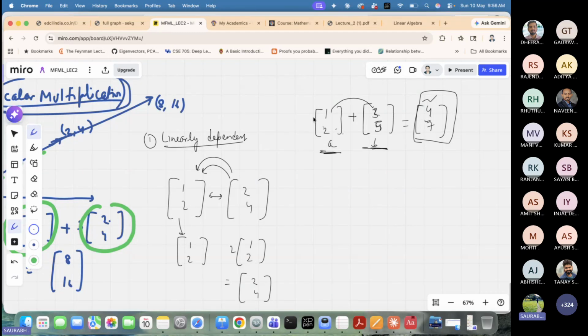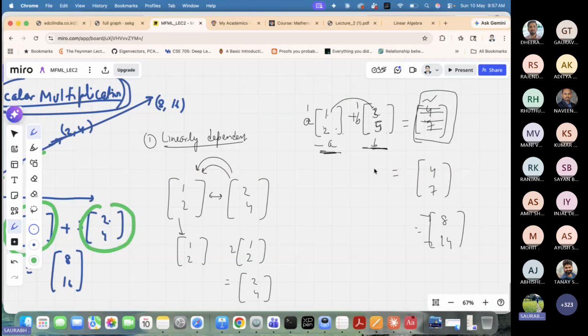If I multiply the first vector by A and the second vector by B, all the vectors that I can generate by combining them are called linearly dependent vectors. Right now A is 1, B is 1, and I get 4 7. But if A is 2 and B is 2, I'll get something else: 2 plus 6 is 8, and 4 plus 10 is 14. So I'll get 8 and 14. Similarly, I can get all the other vectors by combining them.